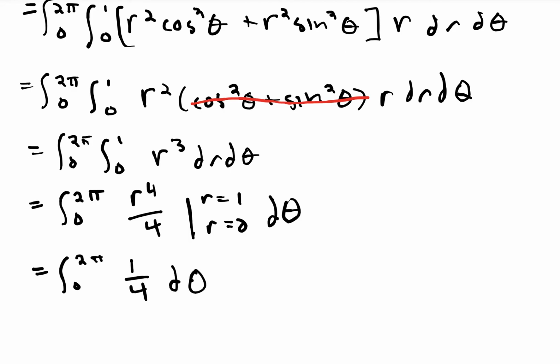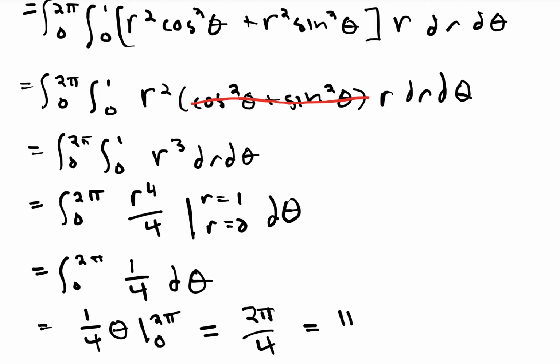And that means that we're really just worried about integrating 1/4 with respect to theta. Okay? Antiderivative of a constant, you're just going to slap the variable on the end and then evaluate it at the bounds. So here, if I plug in my top bound, I've got 2 pi over 4. Again, if I plug in the bottom bound, I'm subtracting off 0. So not much to subtract off. And that means that my end result here is pi over 2.